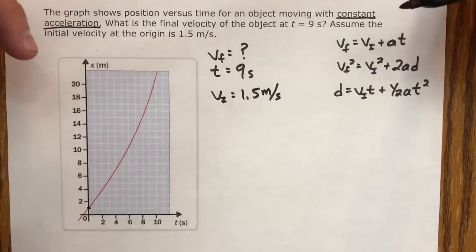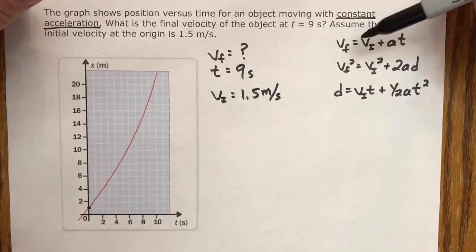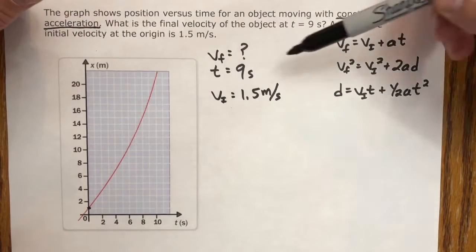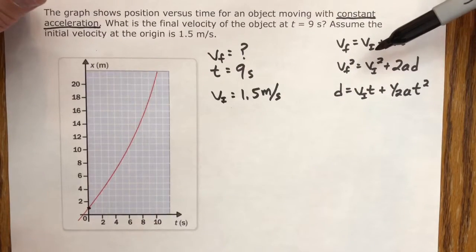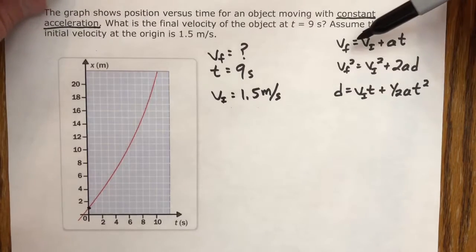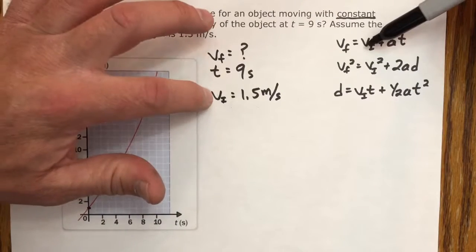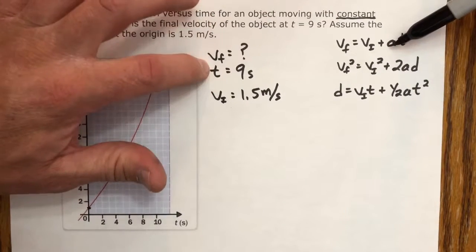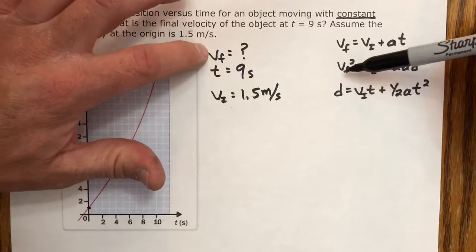So now we are trying to find final velocity. So we look at these equations over here and we say, okay, what equation matches up with these variables? Well, we're missing a variable. You have to have 4 variables. So, VF, yes. VI, yes. A, ooh, we don't have A. And T, we do have that. This one here, VF, yes.